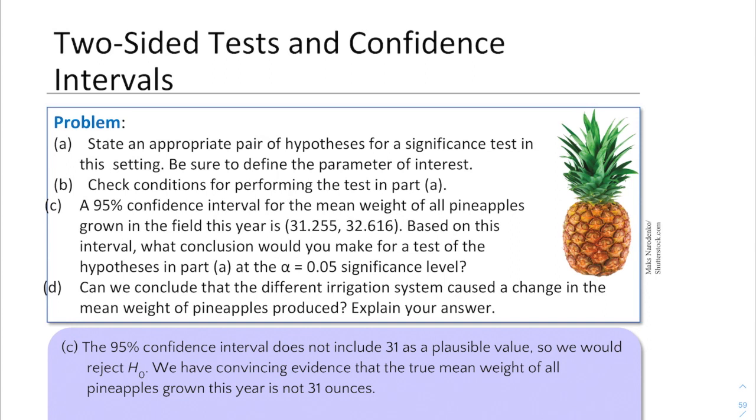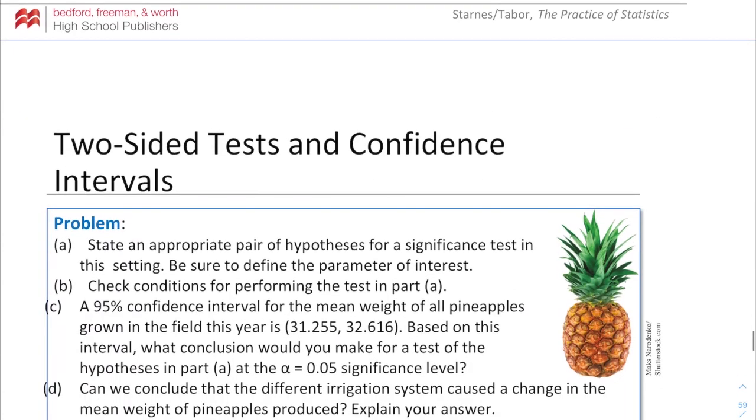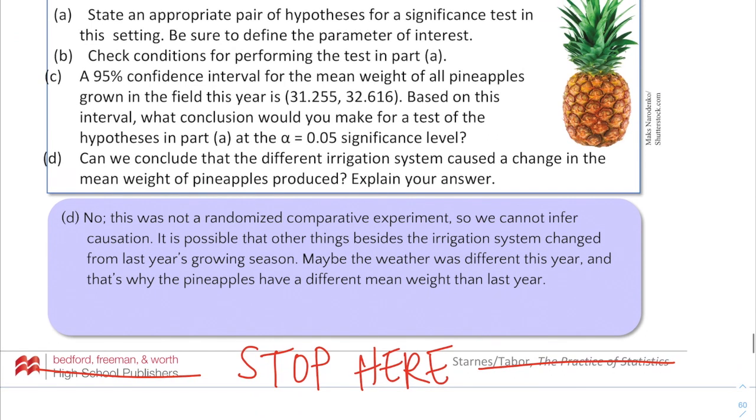So here I'm going to go, part C was doing the confidence interval does not include 31, so we reject the claim. We have convincing evidence that the true mean weight of all pineapples grown this year is not 31 ounces. And then, can we conclude that the different irrigation system caused a change in the mean weight? Explain. No, because it wasn't a randomized comparative experiment. Random is a key component to being able to infer things for the population.